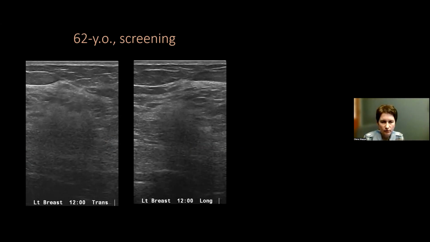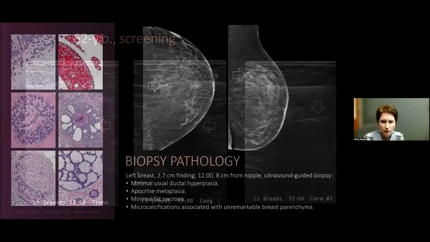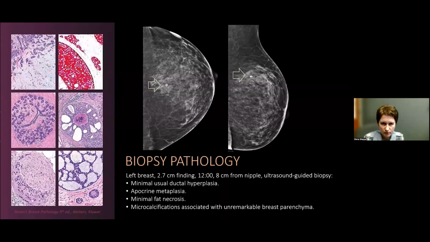We went for an ultrasound, found a mixed echogenicity, rather hyperechoic maybe, or slightly hypoechoic mass with indistinct margins. We believe that this corresponded to our mammographic finding, and we ended up doing an ultrasound-guided biopsy of it. And as you can see, the clip is exactly in the area of concern.